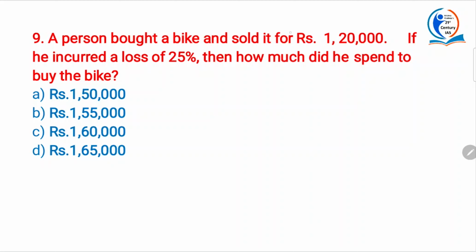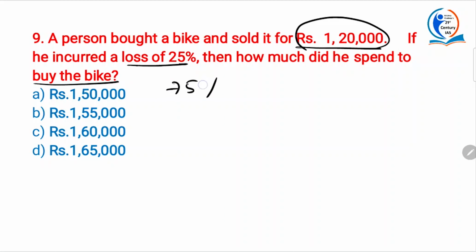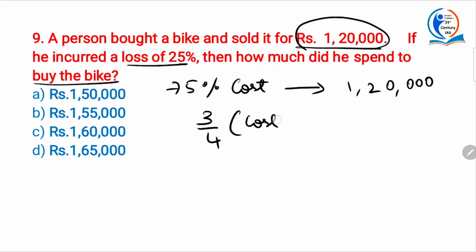A person bought a bike and sold it for this much. If he incurred a loss of 25%, then how much did he spend to buy the bike? If he is incurring a loss of 25%, it means that 75% of the cost of the bike is 1,20,000. That means 3/4 of the cost of the bike is 1,20,000.